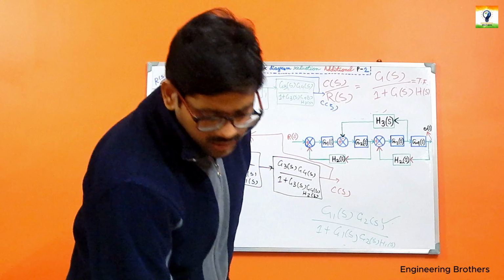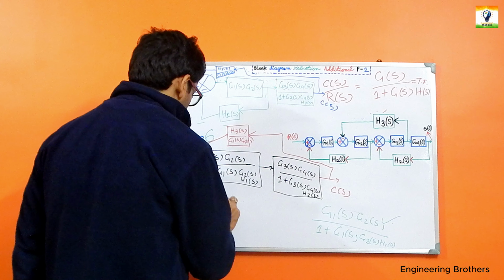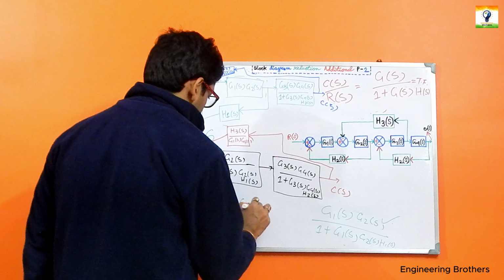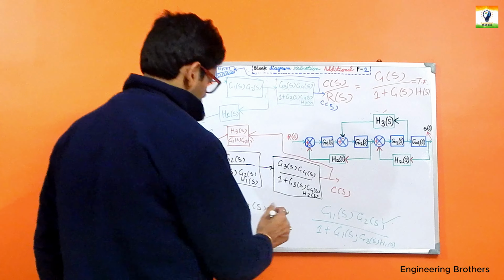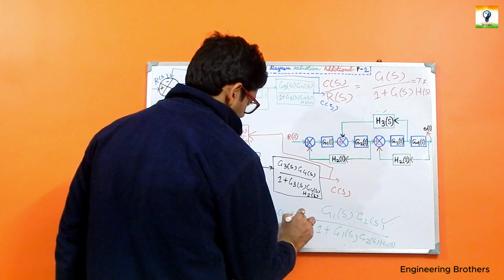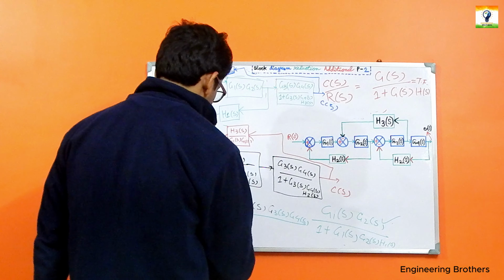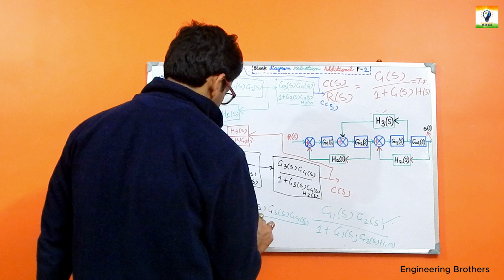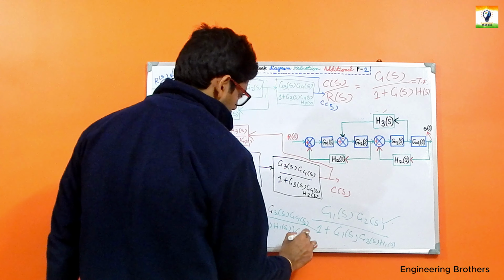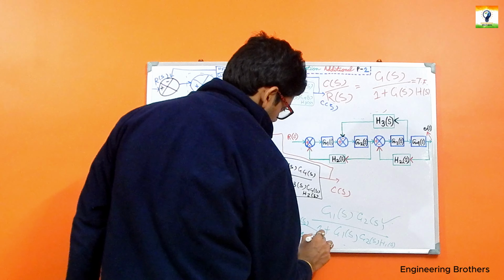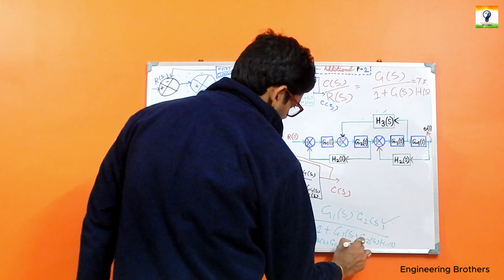Quite naturally, we can say that ultimately the overall gain for this given block diagram will be our G1s, G2s, G3s, G4s, that is G1s G2s G3s G4s, divided by our 1 plus G1s G2s H1s multiplied with our 1 plus G3s G4s H2s.